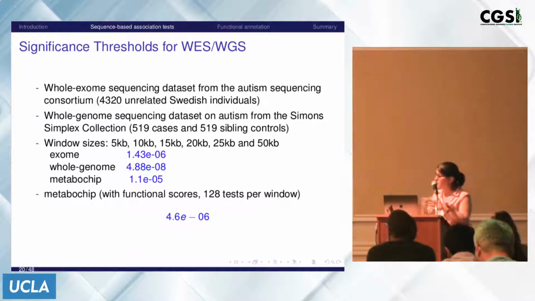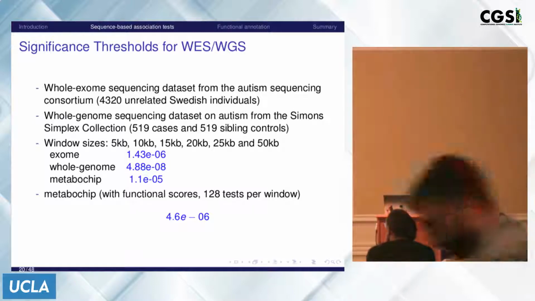If you have exome data, and instead of doing a gene-based analysis you do the sliding window approach, we get a threshold of 1.4 times 10 to the minus 6. This is very close to the threshold we normally use for whole exome data when we adjust for 20,000 genes. For whole genome, we get a threshold of 4.8 times 10 to the minus 8. This is again similar to the threshold we use in GWAS studies.